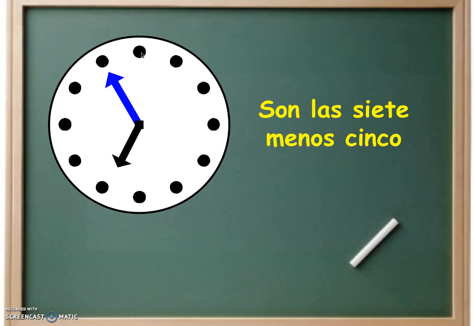And because of that, we have to do a little subtraction, which we get 7 menos 5. We will review this in practices, so it will be a little easier for you. But remember, we always have to round. Again, 6:55 is closer to 7 than it is to 6. So this is why we're using 7.